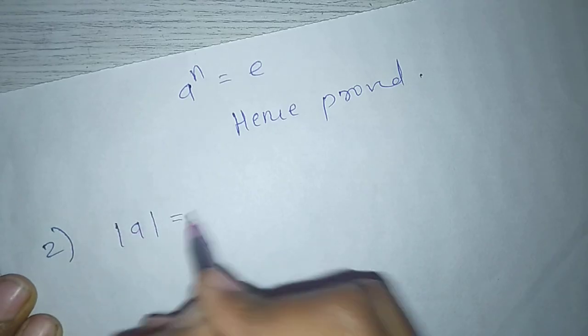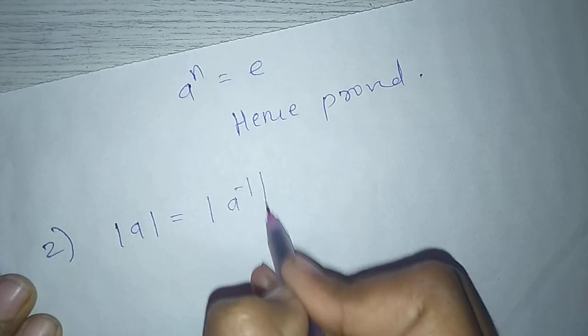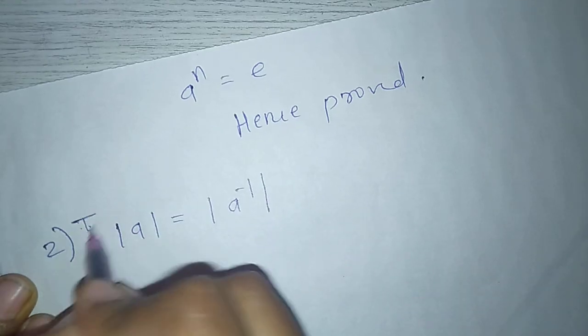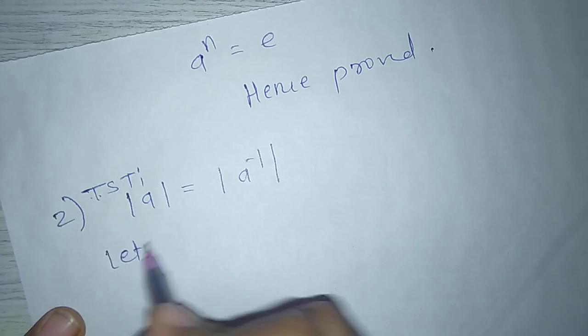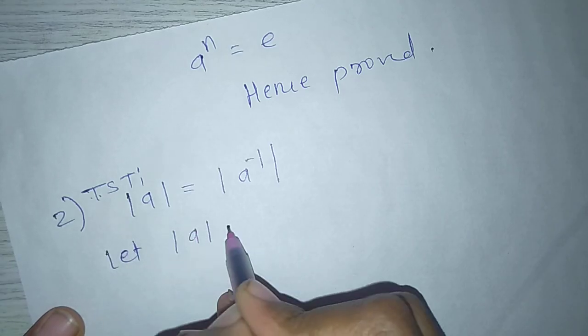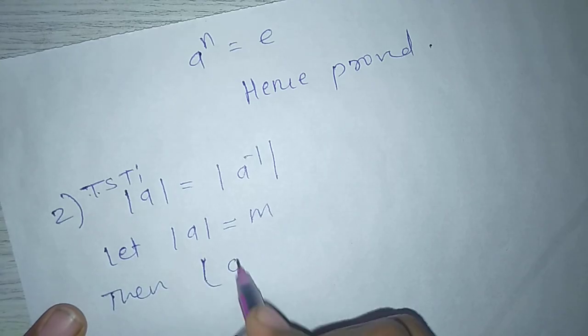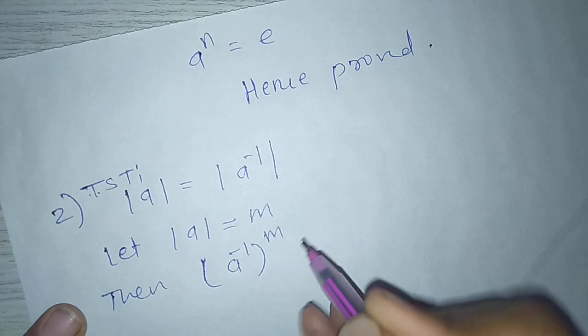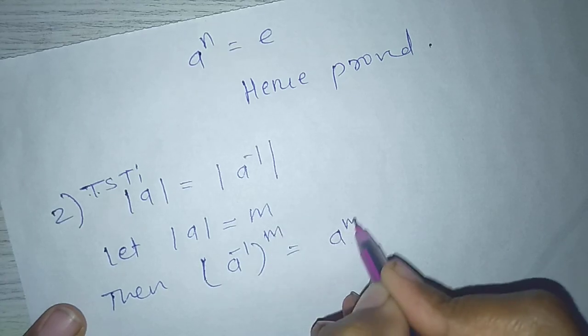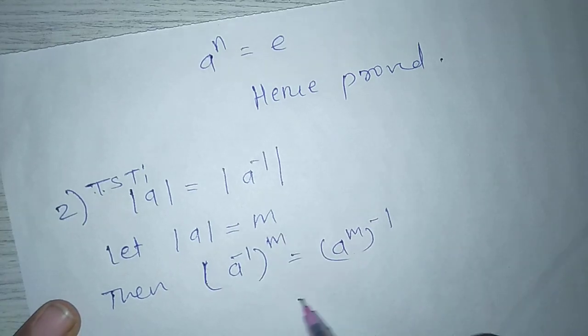Second, the order of a equals the order of a inverse. We have to show that. Let the order of a equal m, then (a inverse) raised to m equals (a raised to m) raised to minus 1.